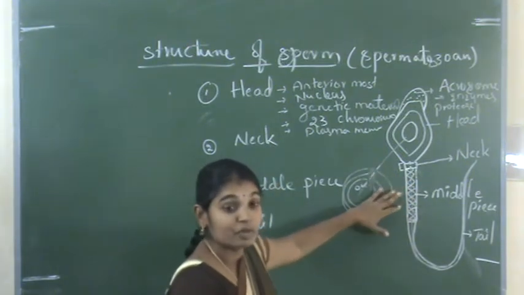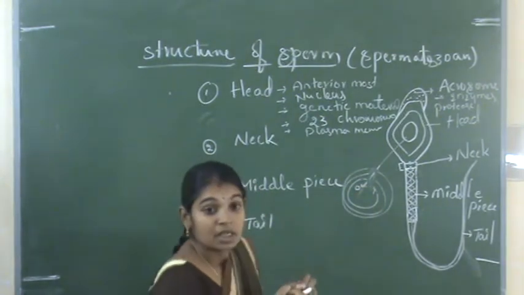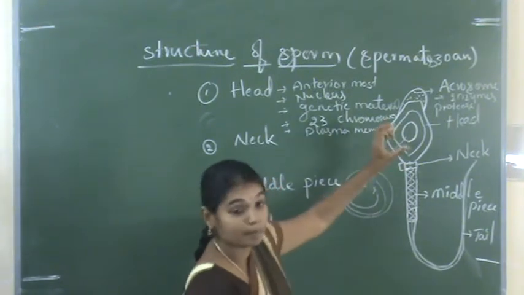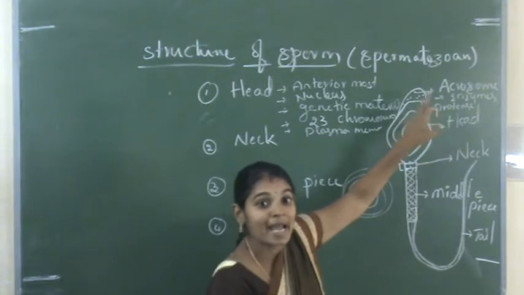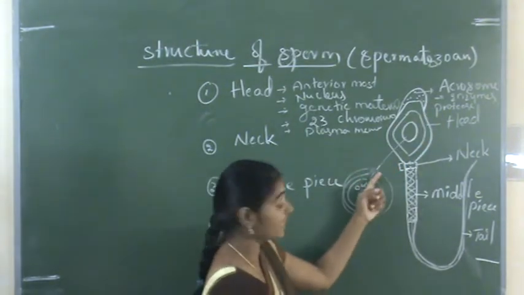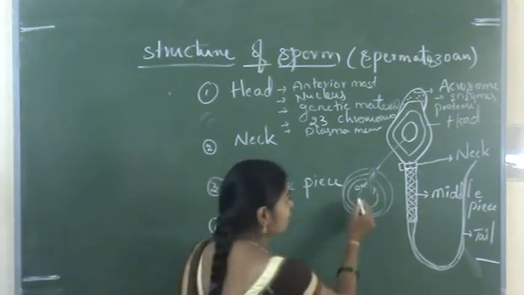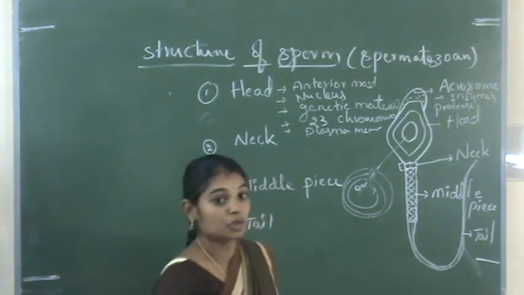Later we will discuss how these membranes are formed when we discuss the structure of the egg. But here we can simply say that these enzymes help in the disintegration of the egg membranes to reach the egg nucleus.